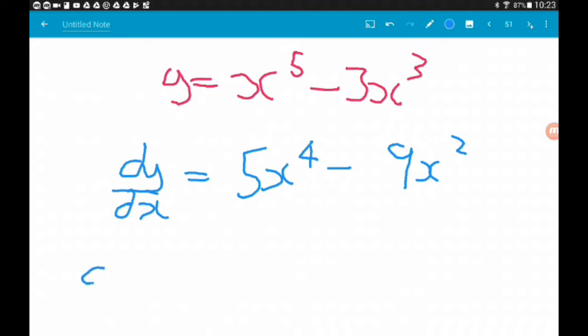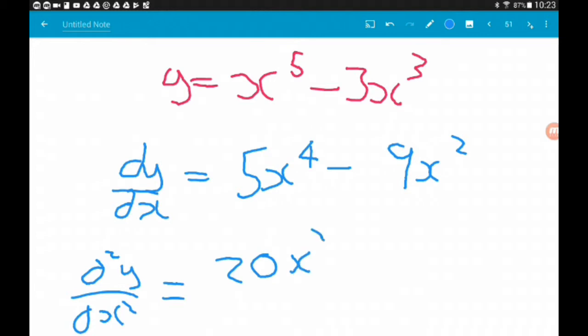So d squared y by dx squared is going to be, well, the 4 comes down and multiplies the 5, so we get 20, and then the power of 4 goes down by 1, so we get 20x cubed minus, the 2 comes down and multiplies the 9, 18, and then the power of 2 goes down by 1, so we've just got minus 18x. There is our second order derivative.